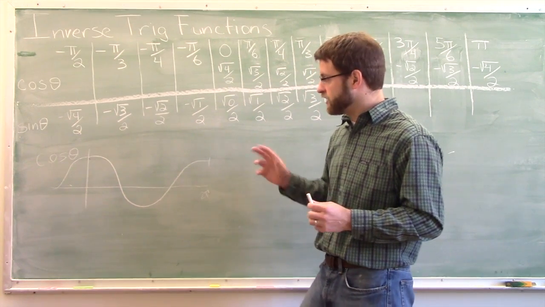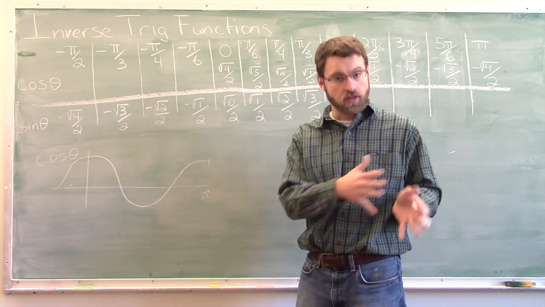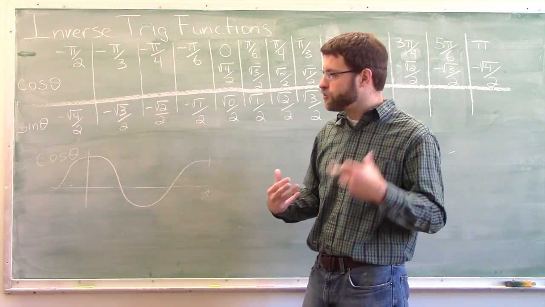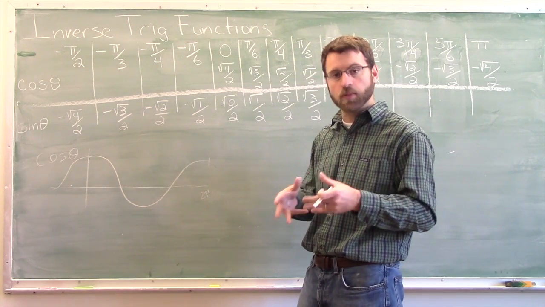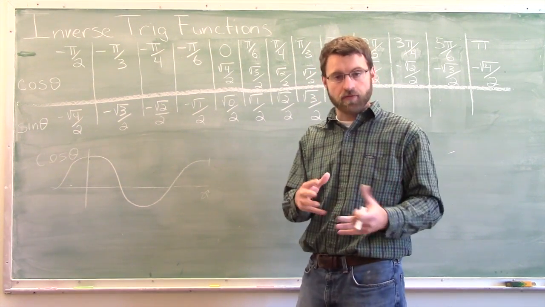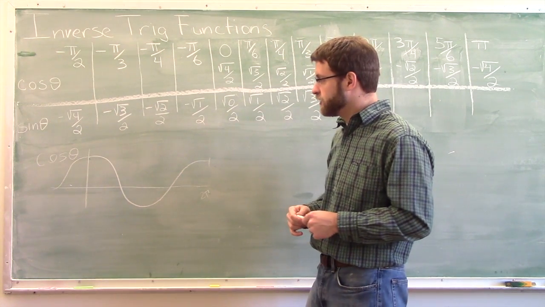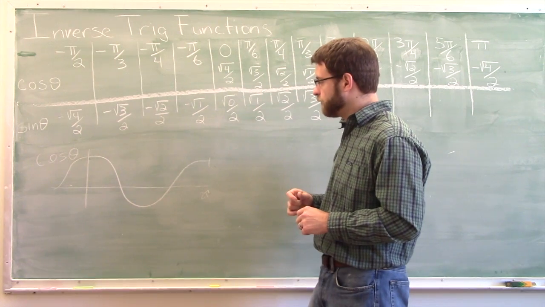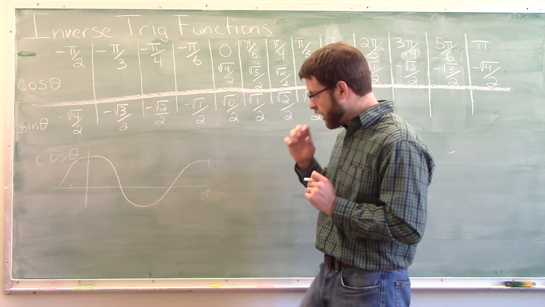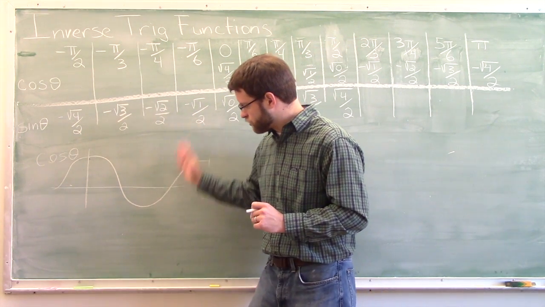It's possible to invert the cosine function on different intervals, but usually you can use this base inverse cosine function, or this simple definition, and extrapolate from that any extra information that you need, just by thinking about angles and quadrants and so forth.